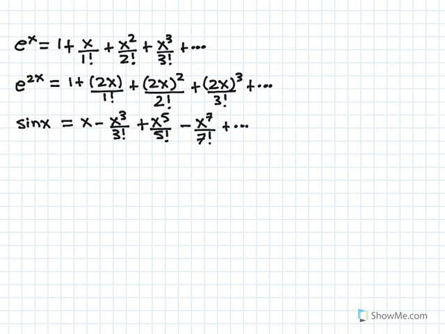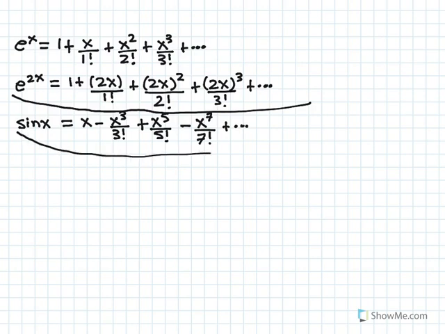Now it's worth noting that we have an infinite polynomial representation of e to the power of 2x. That's what the Maclaurin series is. It's an infinite polynomial. We also have an infinite polynomial representation of sine x. So we're just going to multiply out these two infinite polynomials and collect like terms in the order of increasing powers of x, because we only need the first three terms.